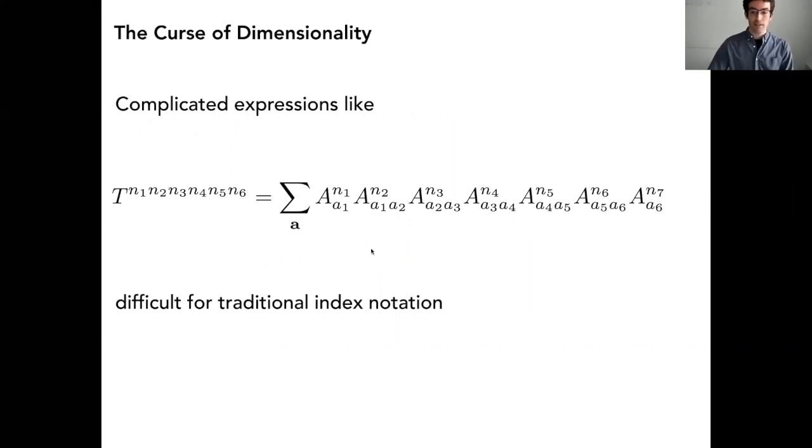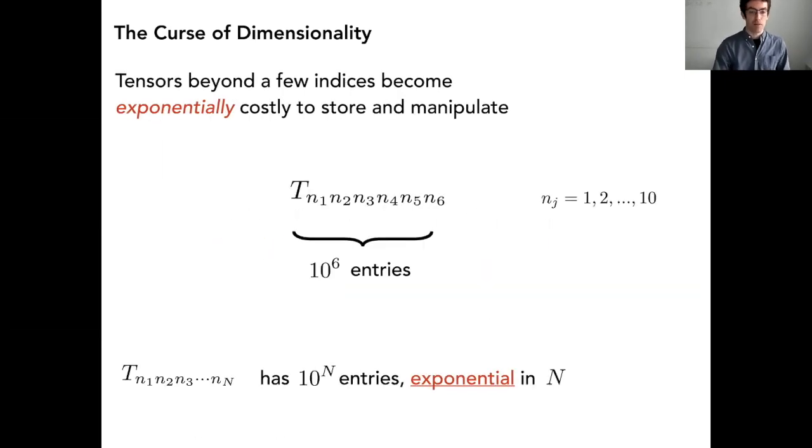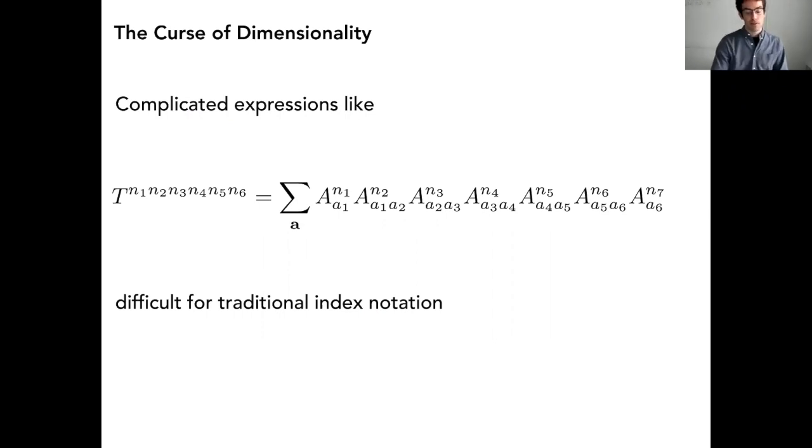I'm not asking you to understand this expression right now, although this is a tensor network, but you see expressions like this in a lot of papers. It's difficult to understand unless you've seen that exact expression before. There's a lot of indices flying everywhere, and it's very difficult to see what's going on. And that's tied to these other problems of notating tensors. So traditional index notation starts to really not be up to the task.